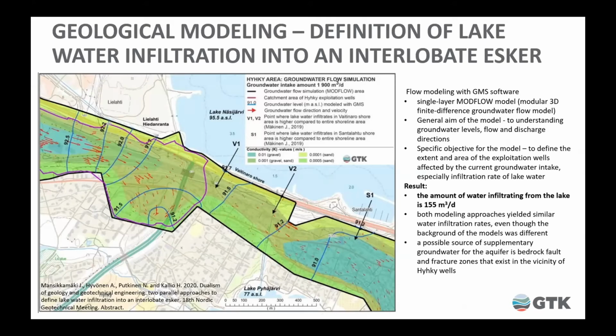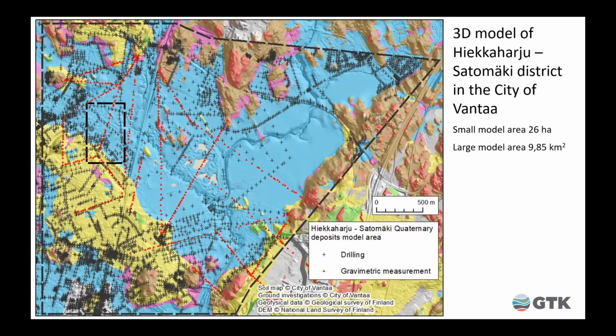So it was funny to compare two methods: the very fast one made by the engineers and our method. It's hard to say which one is more accurate, but at least the results are on the same scale when compared to the earlier estimation. So the city now knows that the infiltration rate is not as large as they were thinking from the beginning.